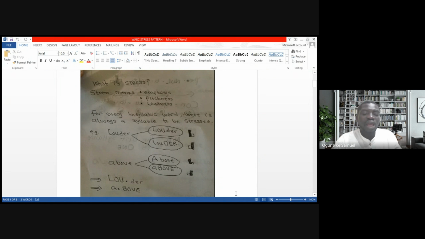So it looks like when you have a two-syllabic word, one of them is going to be, maybe you can call it the big boy. In the case of louder, loud is the big one, and in the case of above, it is the second syllable. That is English for you. That is the language generally speaking.